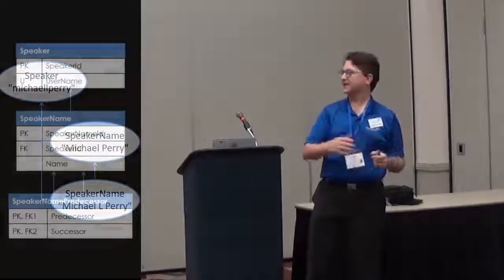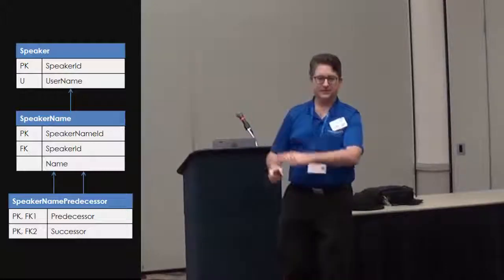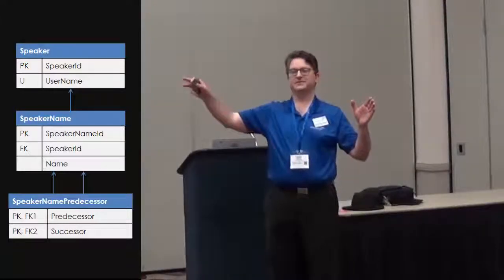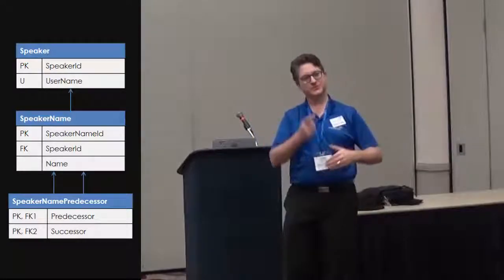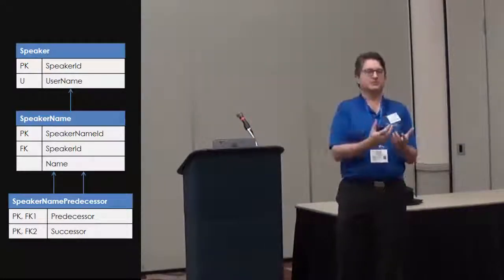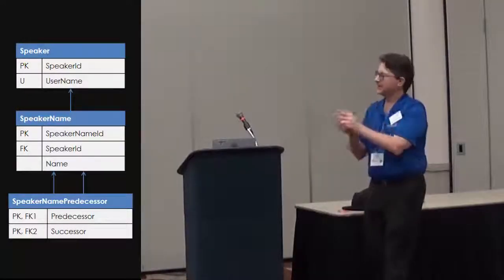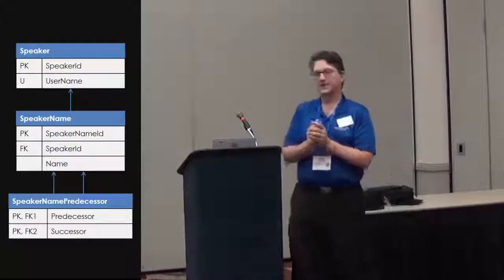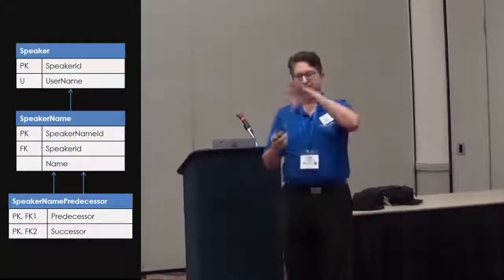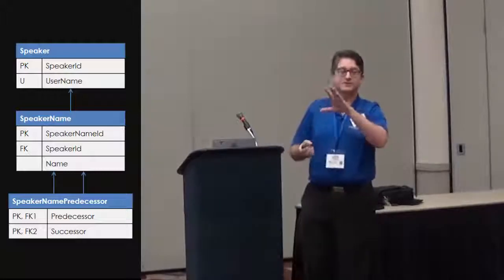So to capture that, I've got another table here, speaker name predecessor, that says that was the predecessor. This is the successor. So that was the old version, this is the new version. And I recorded that information just by doing inserts. So if I've got that structure, then I can take a look at that entire set and I can see what is the current name.